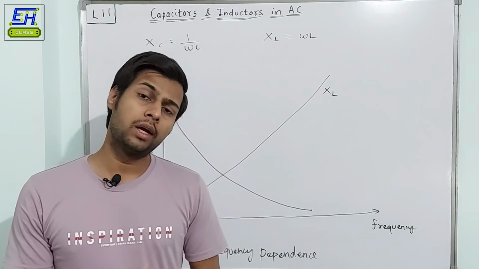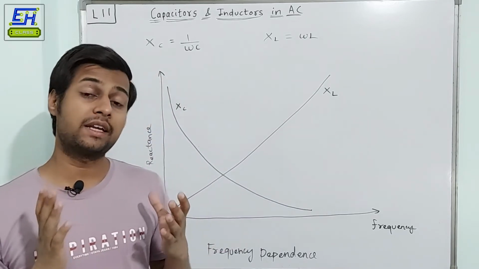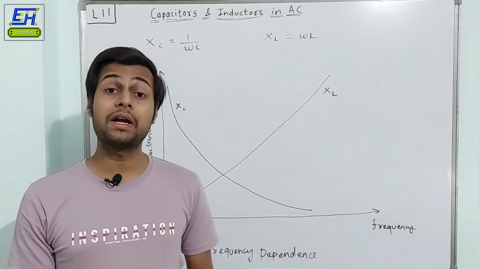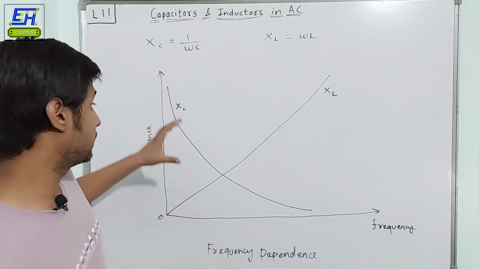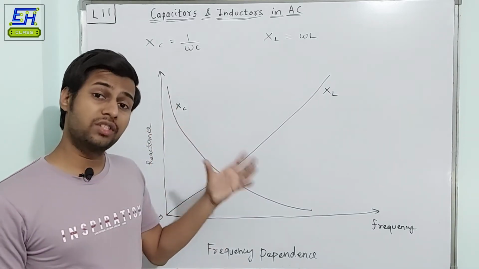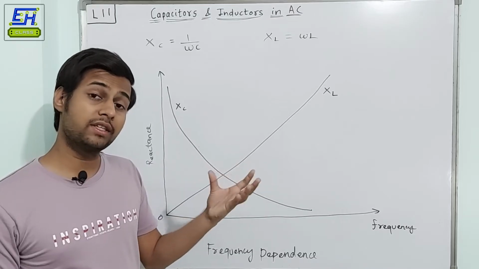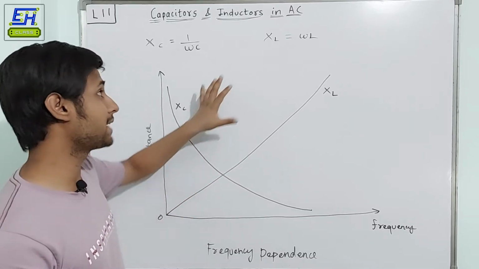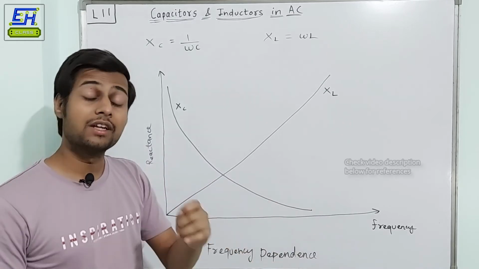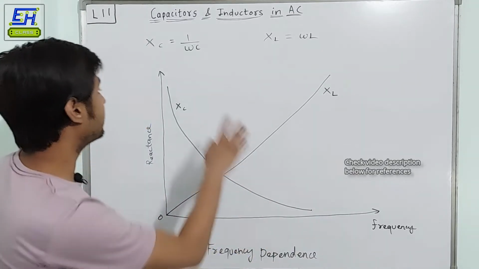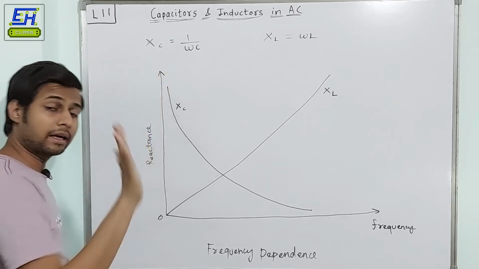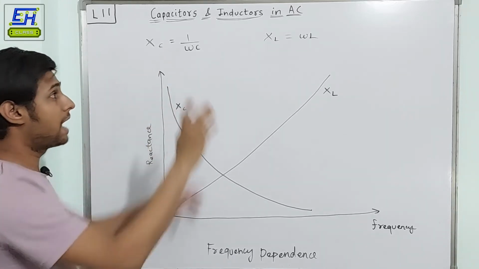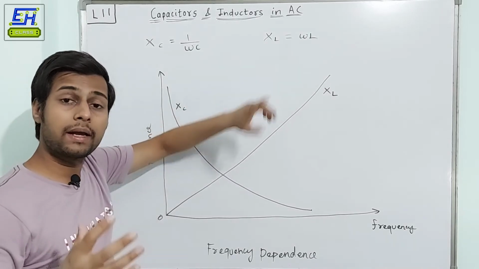Let's move forward. Now these elements, capacitors and inductors, are frequency dependent elements. By frequency dependent I mean that there is a quantity which changes according to the frequency, and that quantity is their respective reactances. Their reactances are denoted by XC, that is the capacitive reactance provided by the capacitor, and XL, the reactance provided by the inductor.